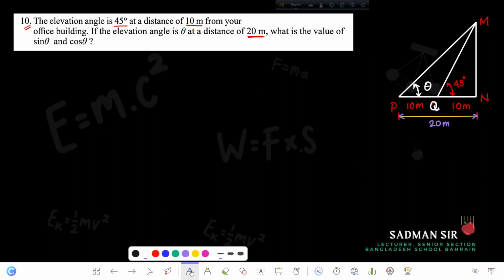Again, we will start by giving a little bit of description of what we are doing here. Let MN be the office building. Writing this description makes you safe.